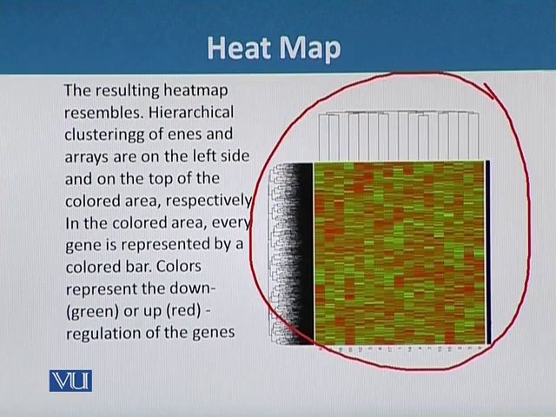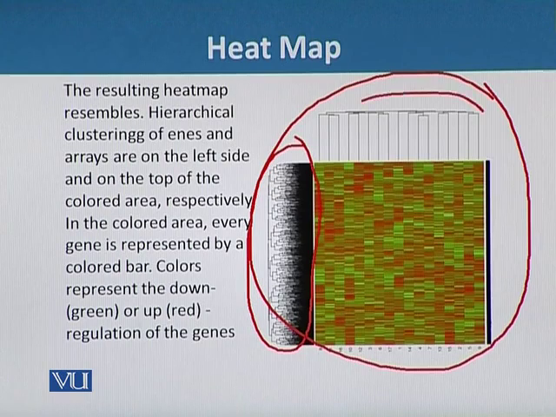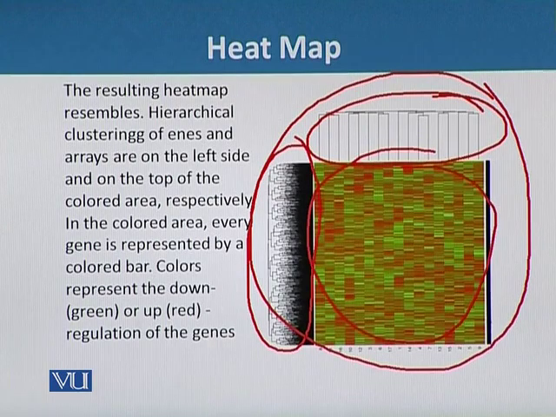The hierarchical clustering of the genes and the arrays are on the left side and on the top of the colored area respectively. In the colored area, in the middle, every gene is represented by a colored bar. So we can see different green and red bars.